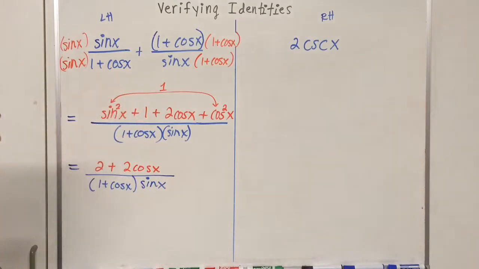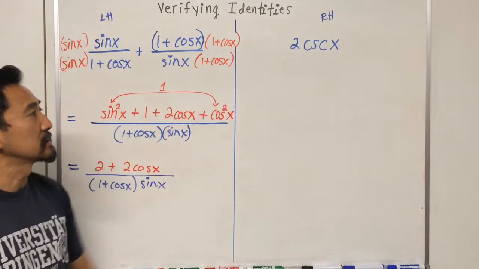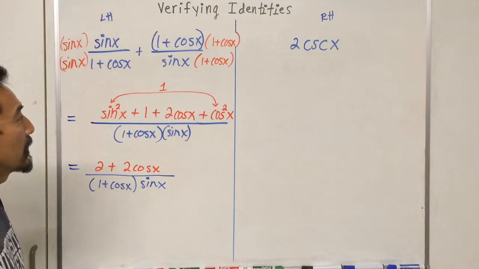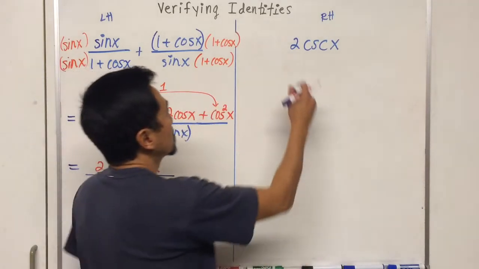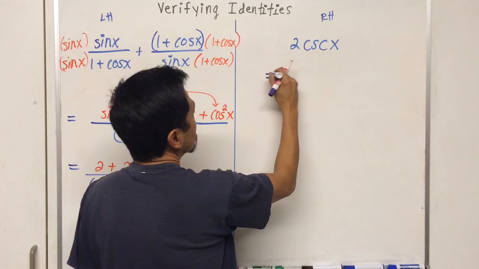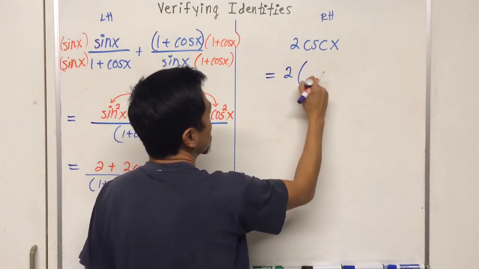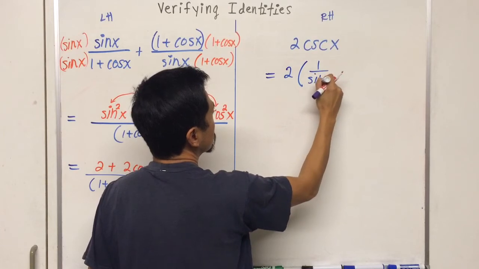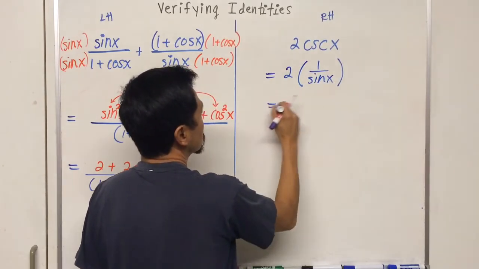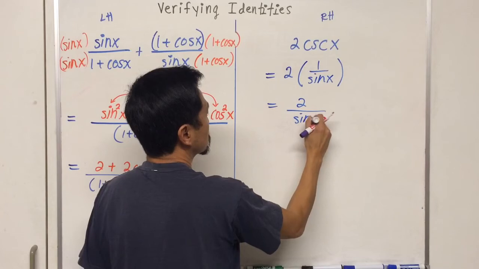Okay? And we're on the right track, because I know if I want a cosecant, I know that it has a sine in it. If I rewrite that cosecant, then that's the same as 1 over sine, which is the same as 2 over sine x.